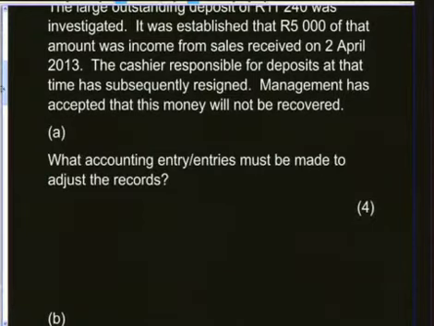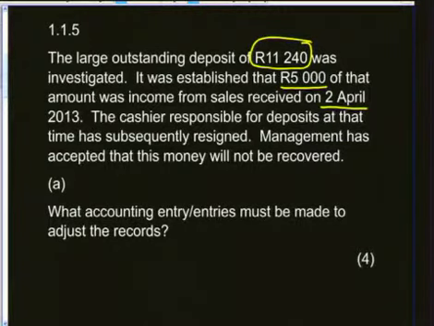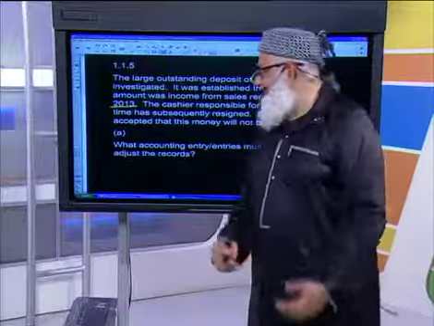The large outstanding deposit of 11,240 Rand was investigated. It was established that 5,000 Rand of that amount was income from sales received on the 2nd of April 2013. That means very early in the month.